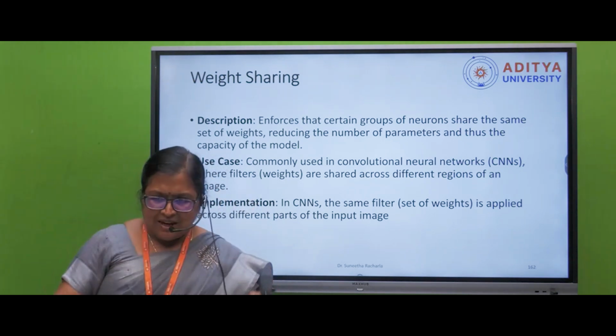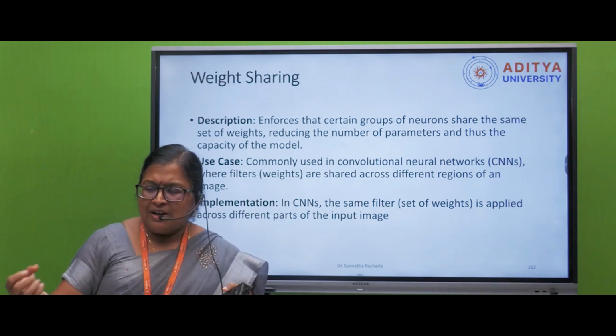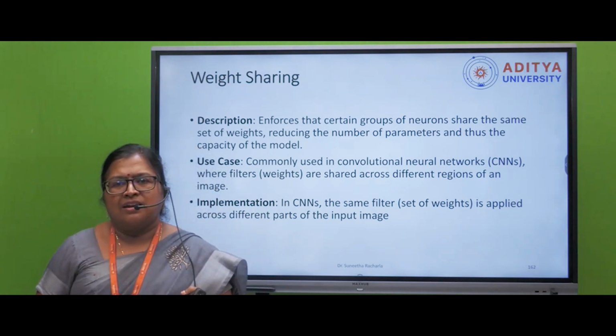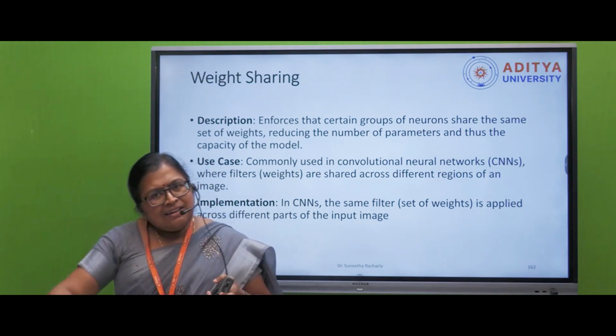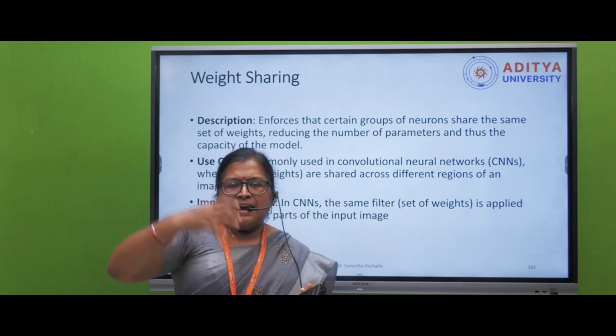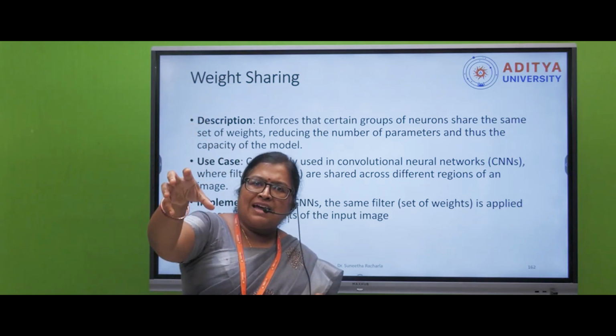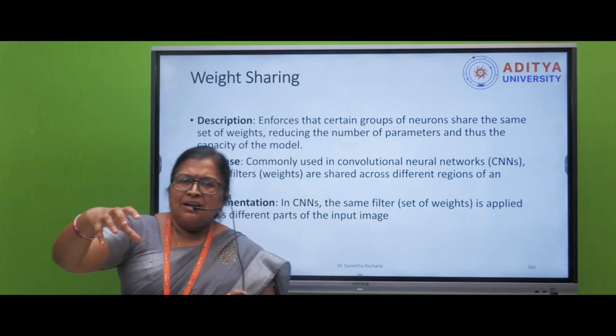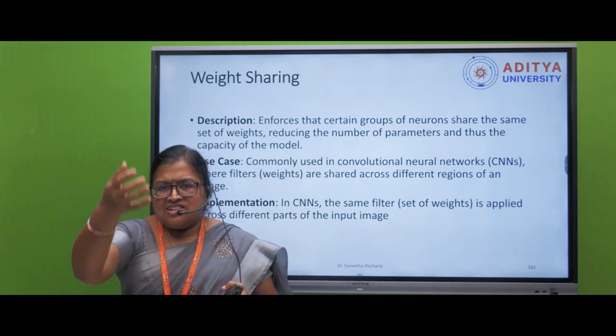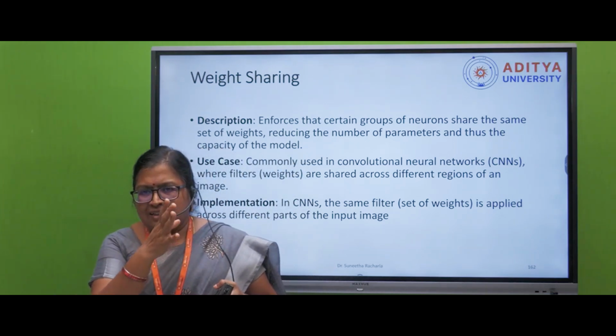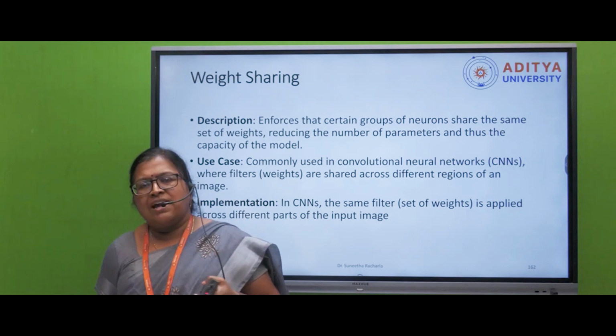So I have the same dog in my picture, and also I have a cat in the picture. So instead of creating the same features of the dog again, I'll share the weights of whatever features, whatever nodes I created in my previous experiment, and I'll create only the remaining nodes.